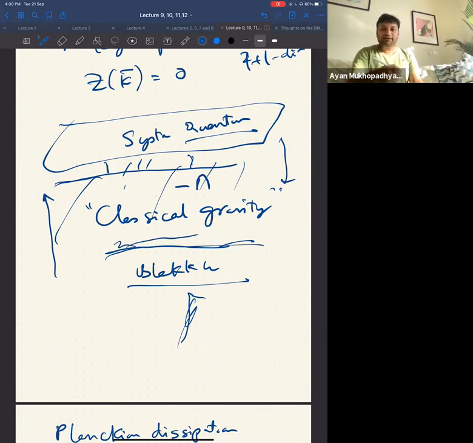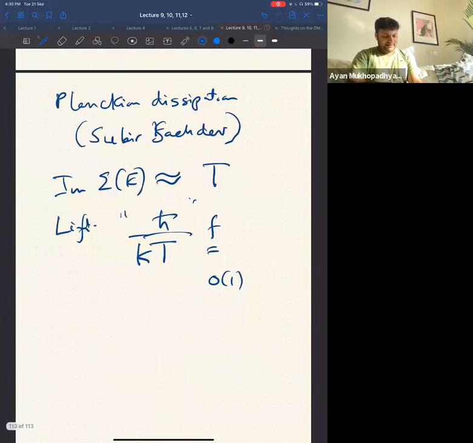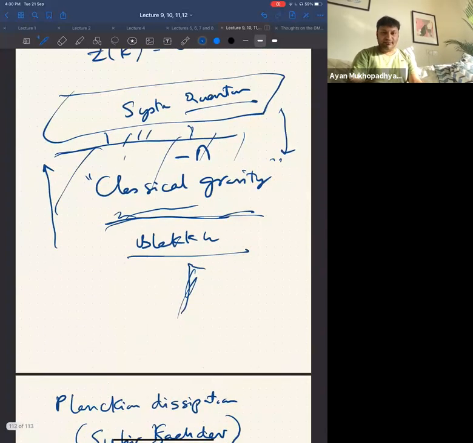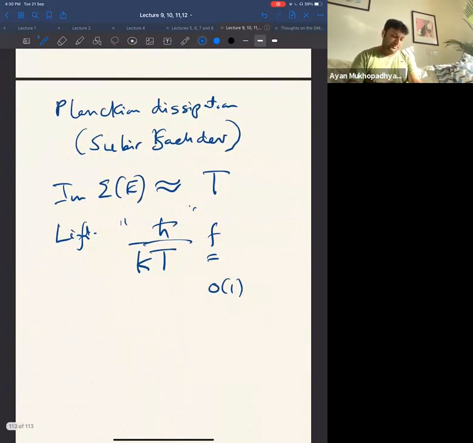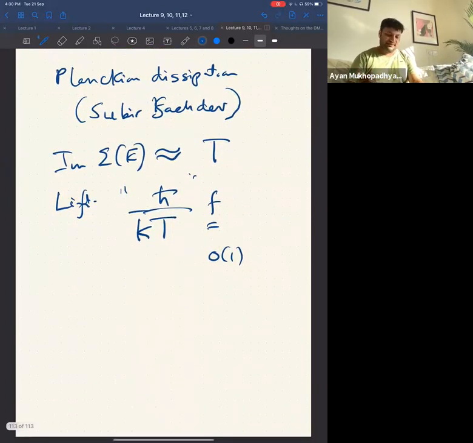And the Hawking temperature, that is the surface gravity of the black hole horizon, is what controls this kind of lifetime of particles. So this is actually consistent. But when Subir gave this, it was much before these things were even stated. He was trying to argue for this picture much earlier than people came up with the holographic duality.